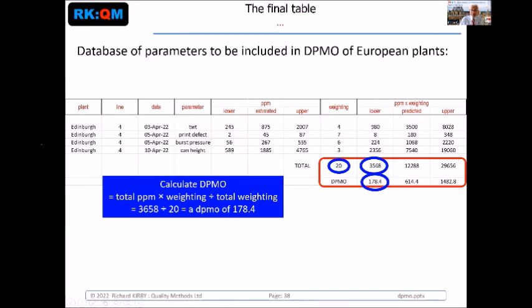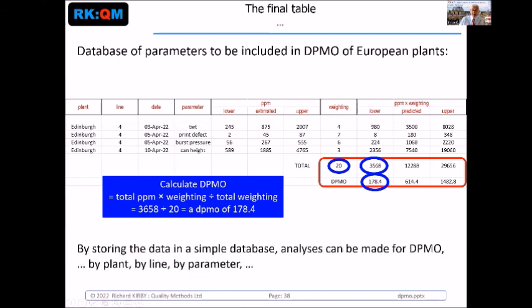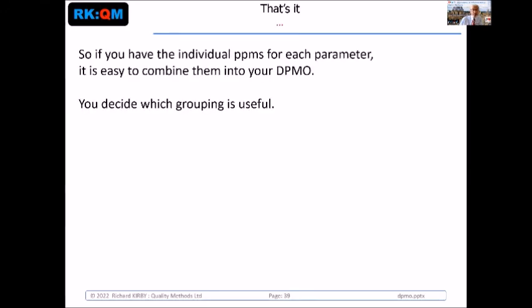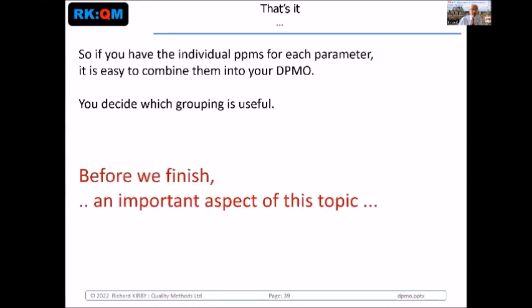So now you can report the DPMO with its confidence intervals. By storing the data in a simple database, you can group whichever parameters together you wish to report. Report by plant, by line, or by parameter. So you have the individual ppms for each parameter. It's easy to combine them into your DPMO. You decide which grouping is useful.